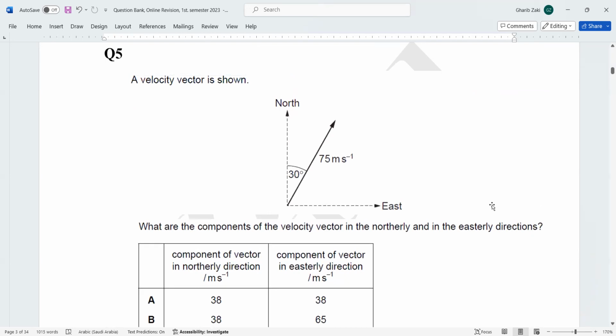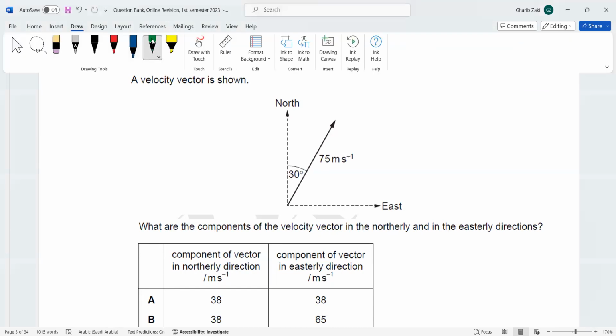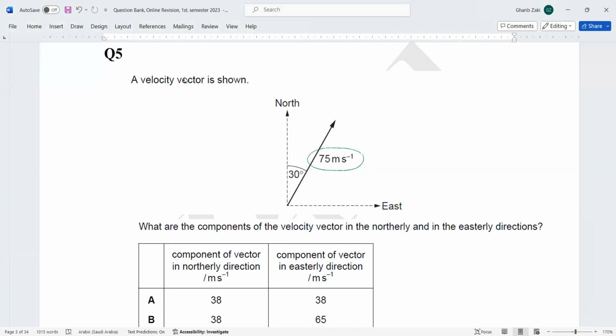A velocity vector is shown. What are the components of the velocity vector in the north direction and east direction? We resolve the velocity. By resolving this velocity, the side near to the angle is cosine.